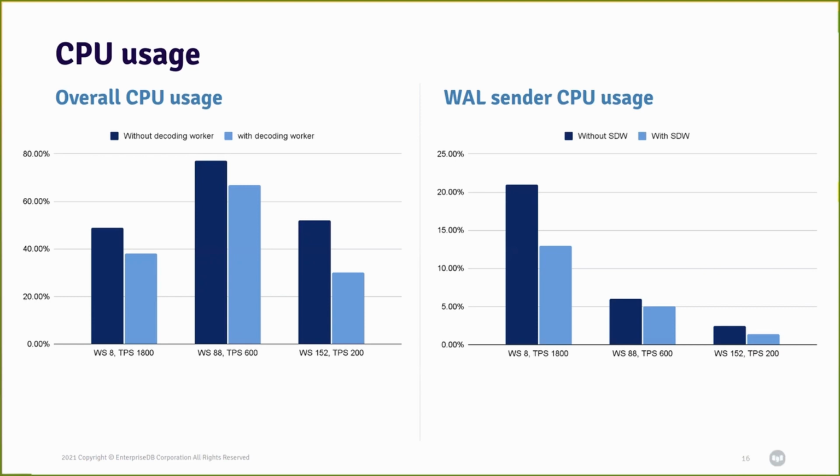And in all the cases, as you will notice, the CPU used when decoding worker was enabled is significantly lesser than when decoding worker was not used. And as the number of WAL senders increases, this saving in CPU usage also increases. On the right side, you will see a graph of WAL sender CPU usage.